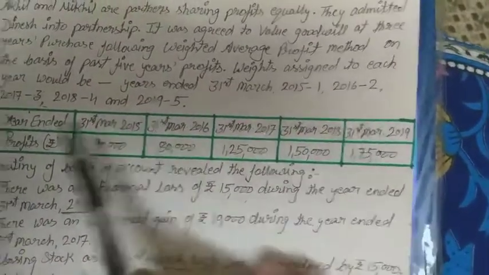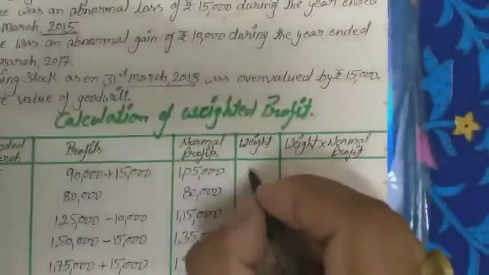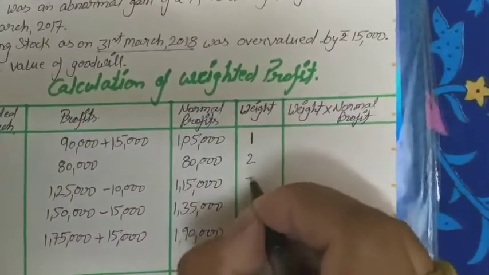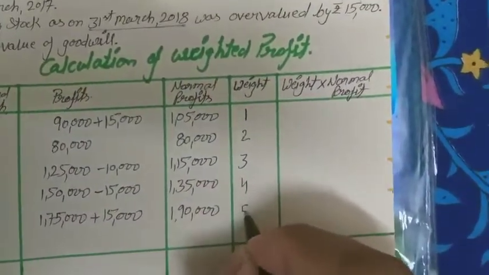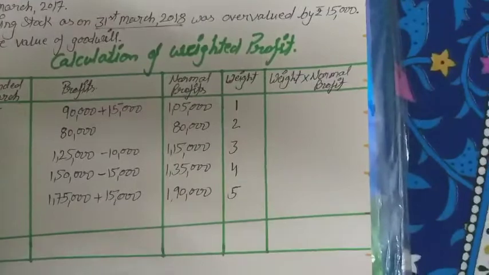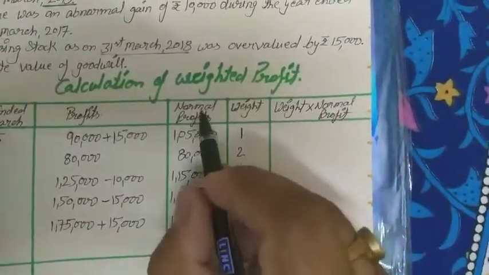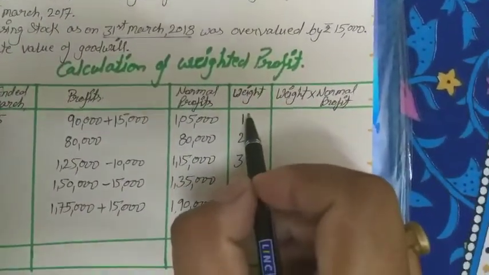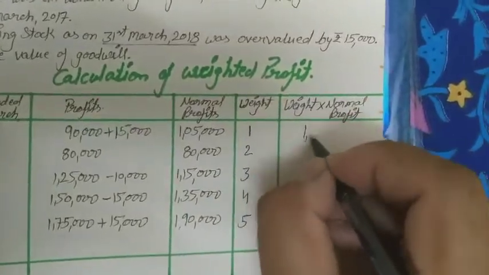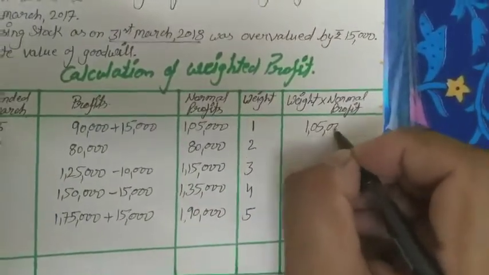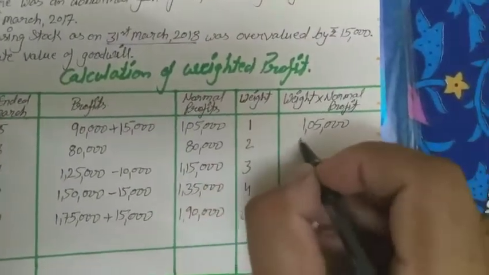Okay, the weightages are 2015 is 1, 2016 is 2, and sequentially we will write 2, 3, 4 and 5. These are the weightages. Now we will multiply normal profit with the weights. So 1,05,000 gives 1,60,000.